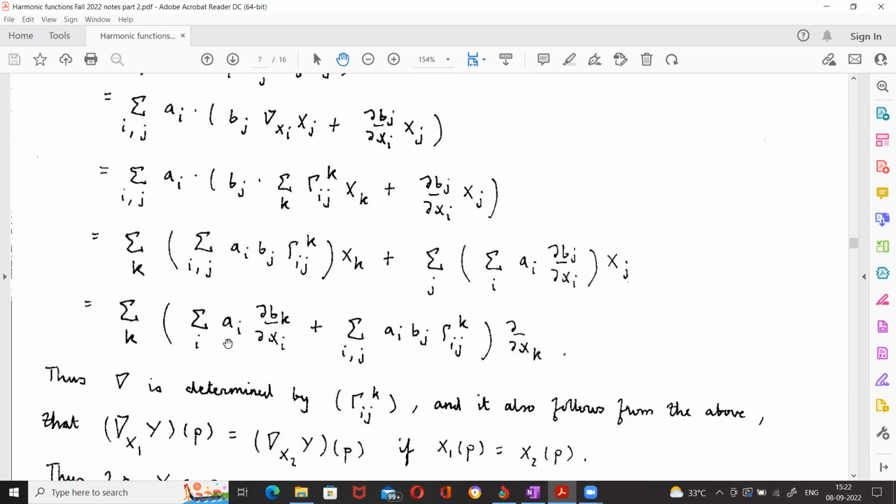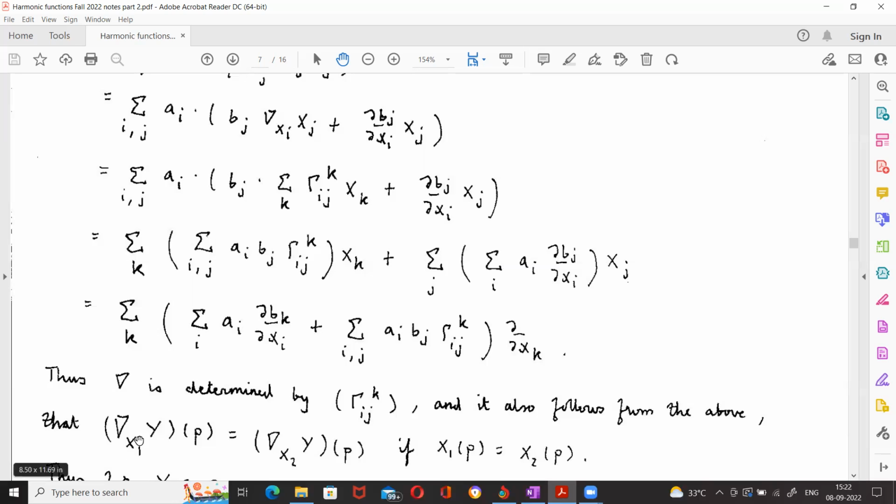So what that means is that the value of nabla_X Y at p only depends on the value of X at p, right? I mean, if you have two vector fields X1, X2, which are equal at p, then nabla_X1 Y at p will be equal to nabla_X2 Y at p, right?